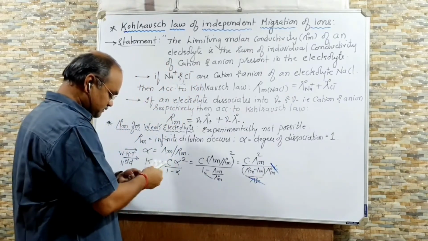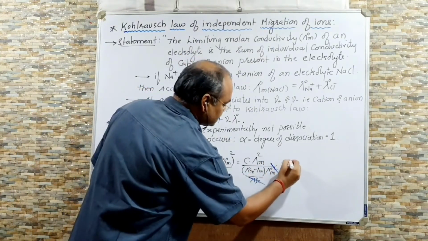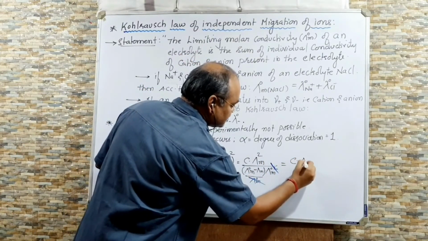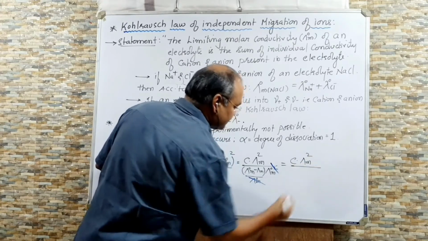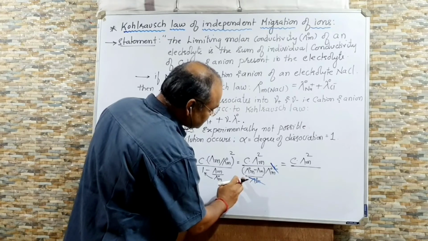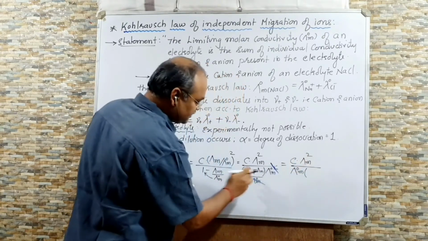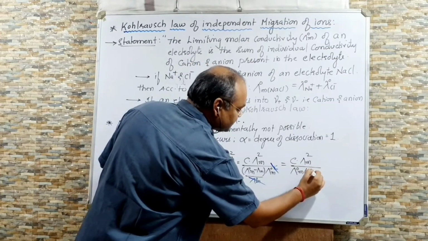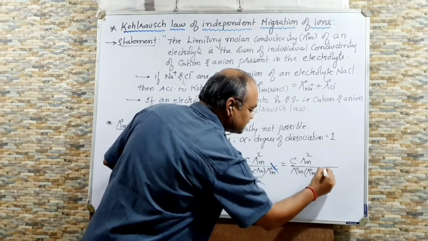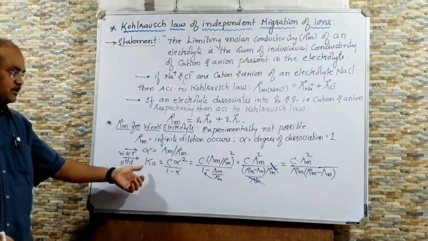So what is left? C lambda m whole square divided by lambda 0 m into bracket lambda 0 m minus lambda m. So you can use this formula in numericals also.